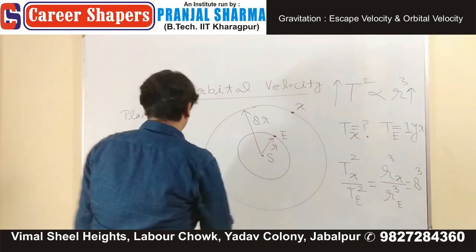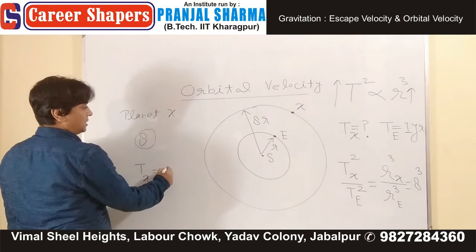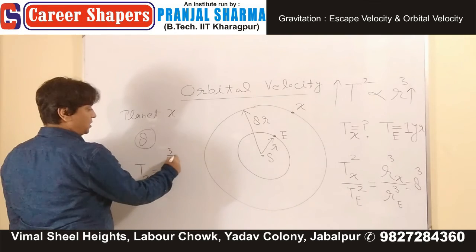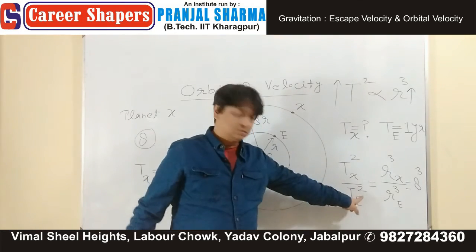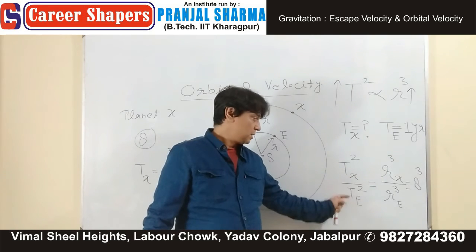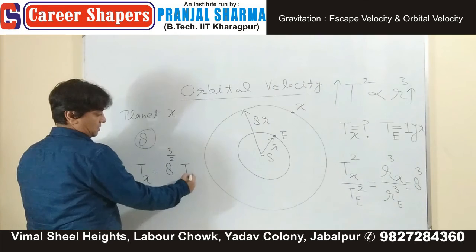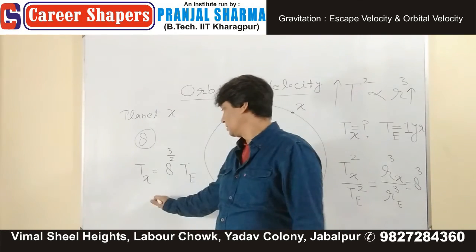So your Tx is coming 8 to the power 3 by 2, square root of Te. And what is Te? 1 year.